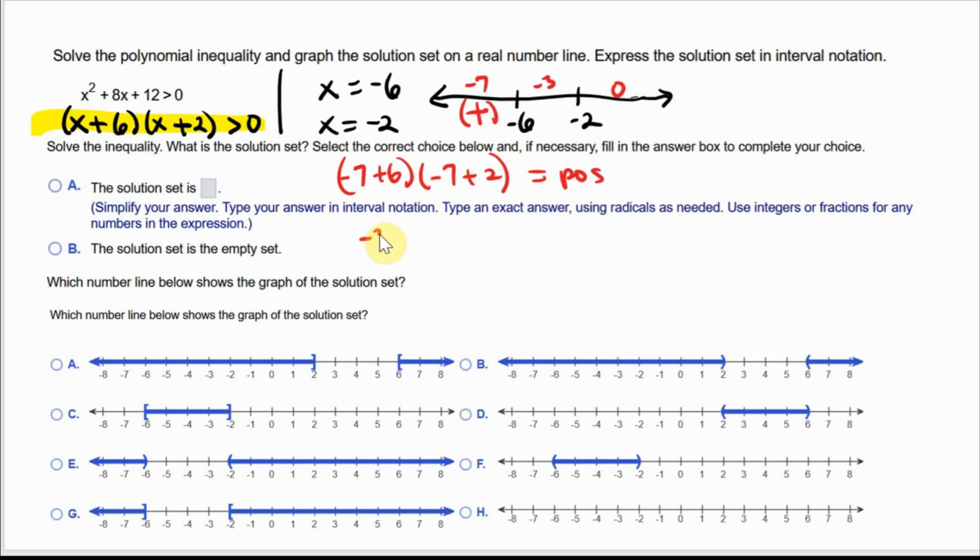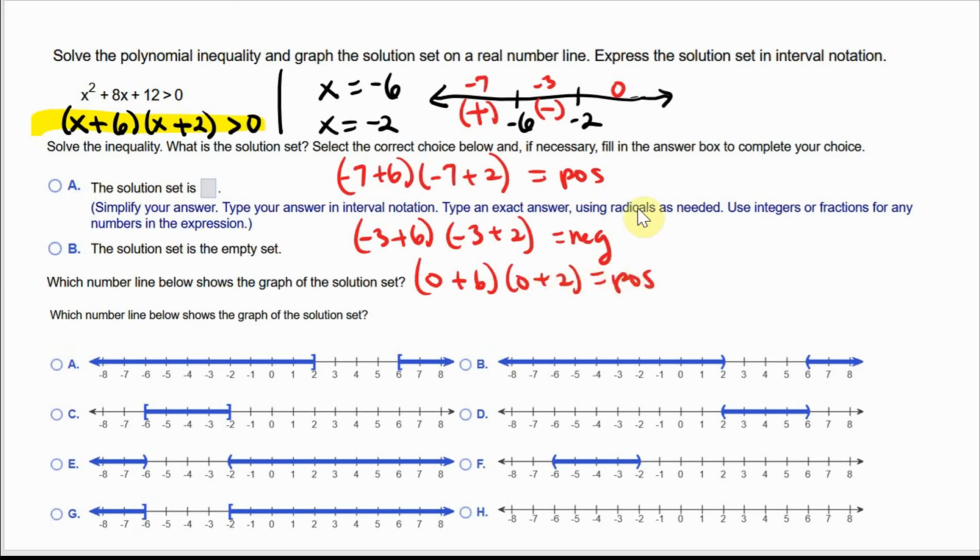Let's test -3: (-3 + 6)(-3 + 2). I get positive and negative. That gives me negative. Put the negative there. Now the 0. We get positive.